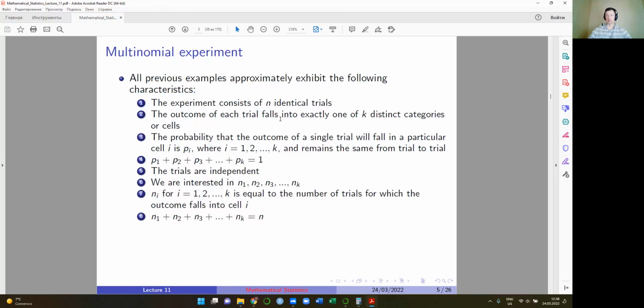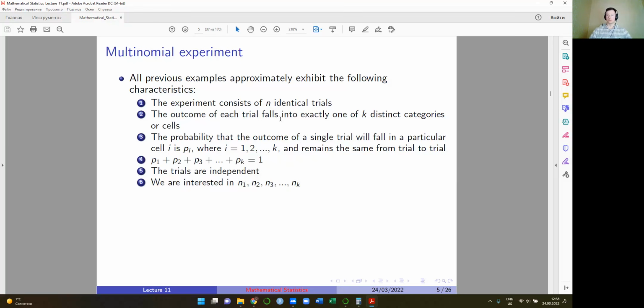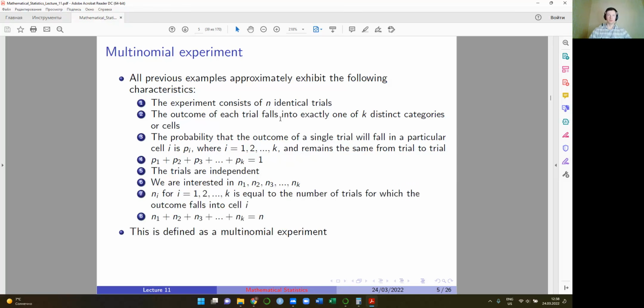Basically, if I ask 100 people, all these 100 people must be placed in one of the categories: satisfied with the service with a very good mark, with a good mark, with a moderate mark, bad or very bad. So the total number of people must be divided into 5 categories. And we define this as a multinomial experiment.